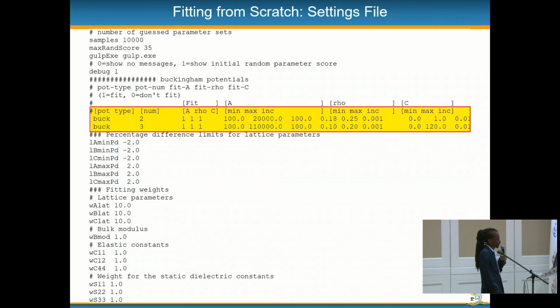In this case, we're fitting parameters for the Buckingham potentials. So 111 represents A, rho, and C for both interactions, and then you specify the range for the values of your potential parameters. And then one other important thing is debug. If you're starting to fit, you need to set it to 1. It will show you the scores for your potentials.